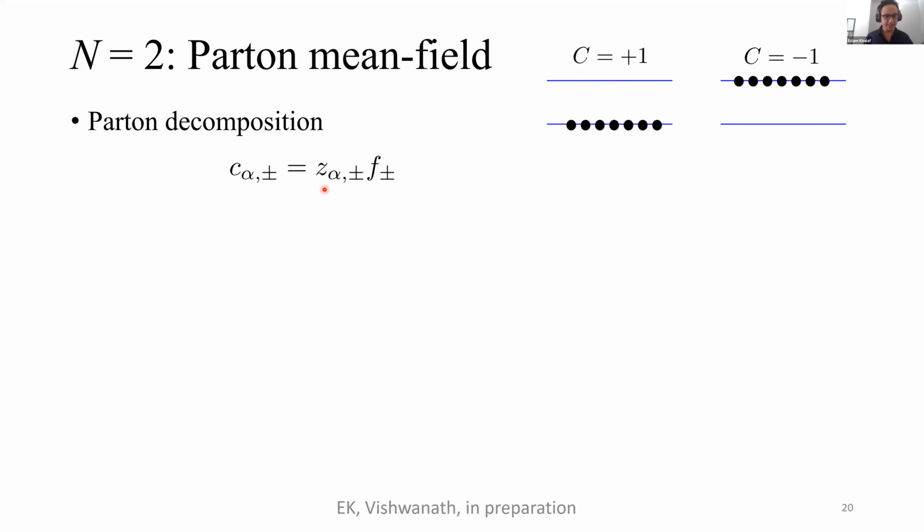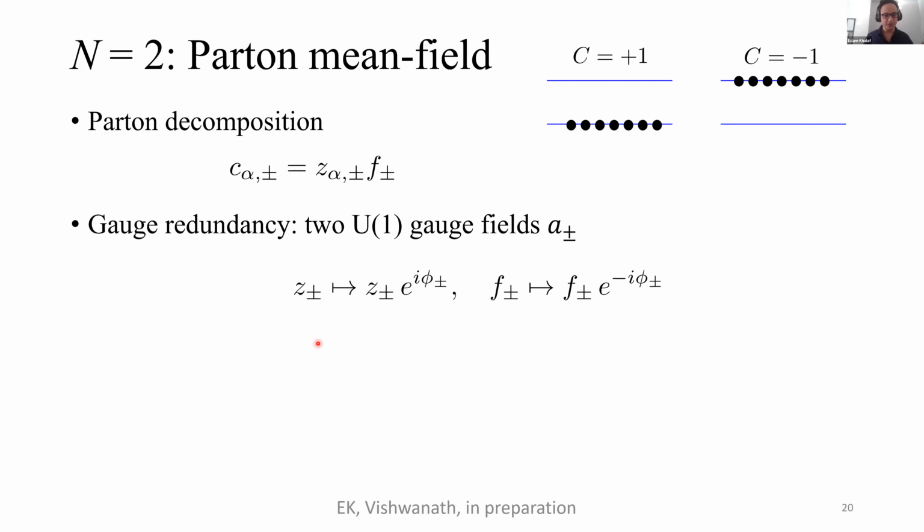This description has a gauge redundancy because we can rotate the phase of Z by some angle phi and rotate the phase of F by the opposite angle, which means the field theory would effectively have 2 emergent U(1) gauge fields for each Chern sector. And we can write a Lagrangian by integrating out the fermion fields.